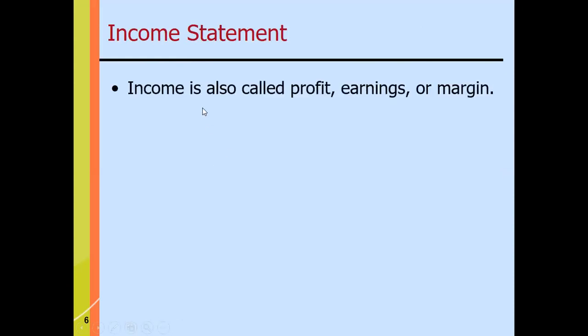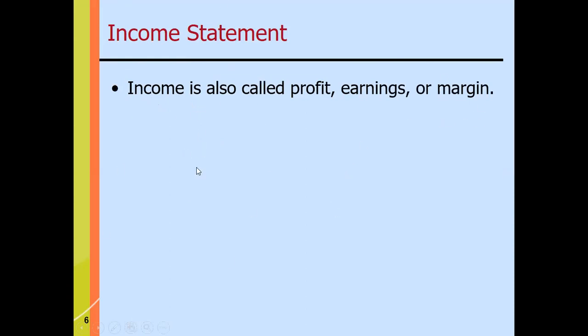So income can be a profit, earnings, or margin whenever we attach a word prior to it, because income is a word that needs a certain word prior for it to be clear. So if you attach the word gross income, that means the margin, the gross profit.